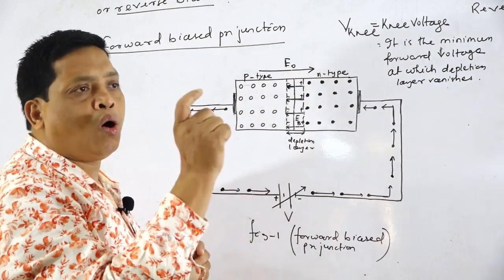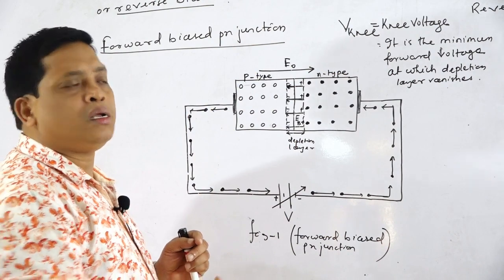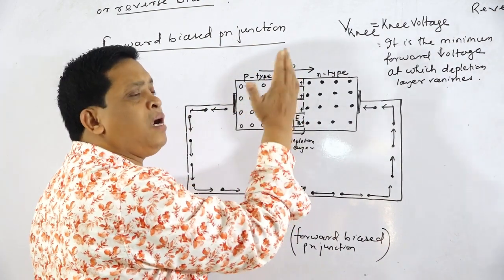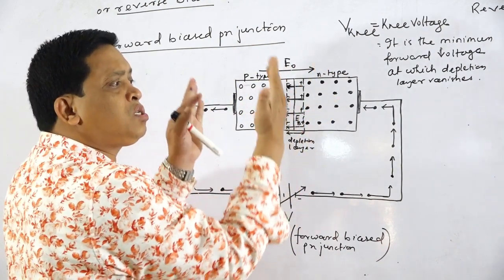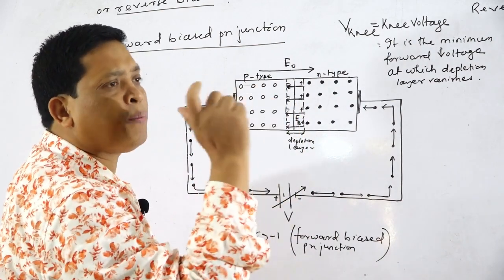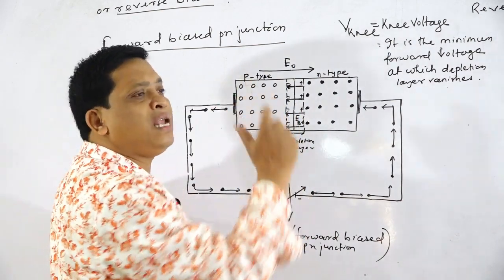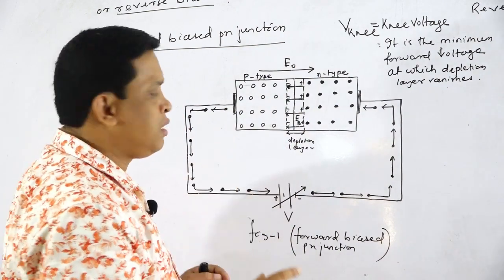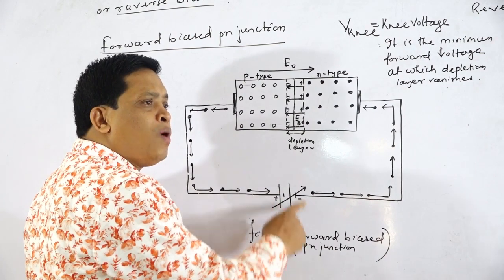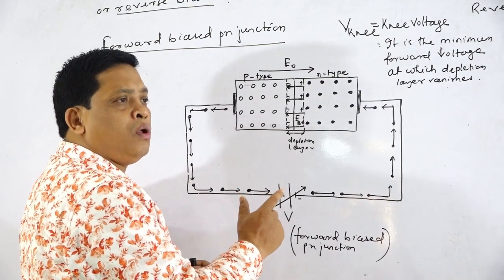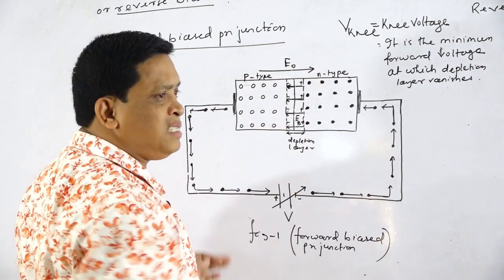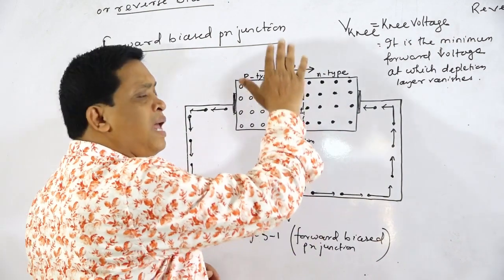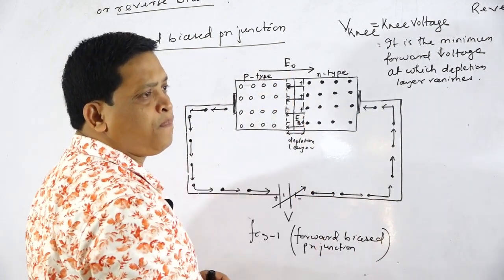Remember, in a unbiased PN junction, this movement of holes and free electrons was stopped due to the formation of potential barrier and barrier field. But in a forward biased PN junction, when knee voltage reaches, the depletion layer completely vanishes.